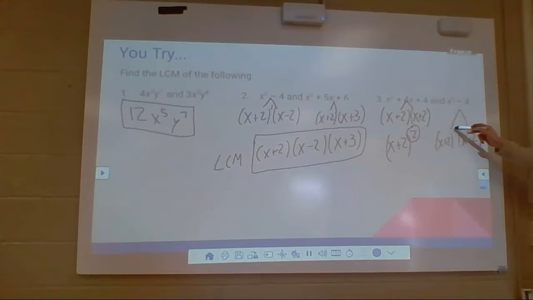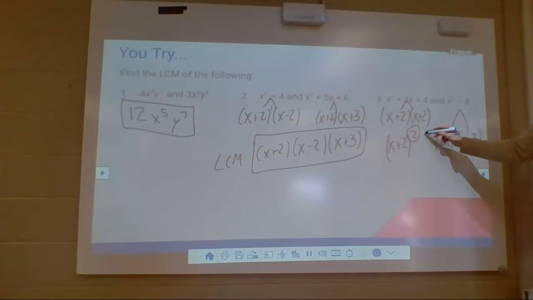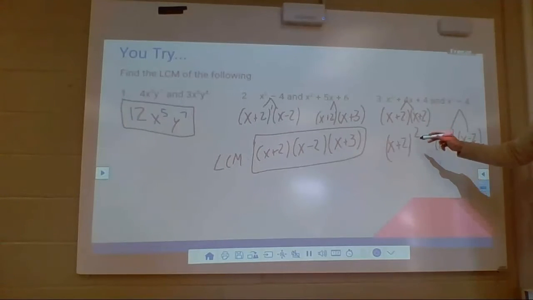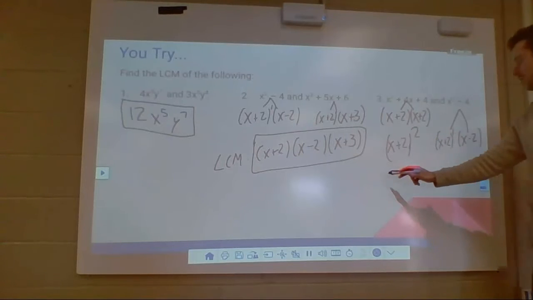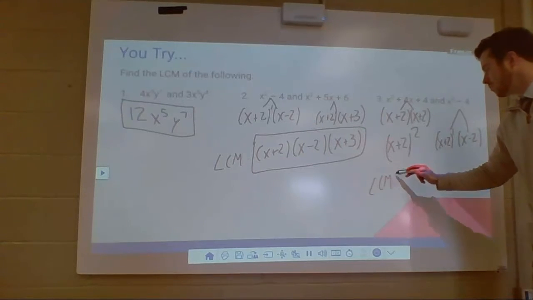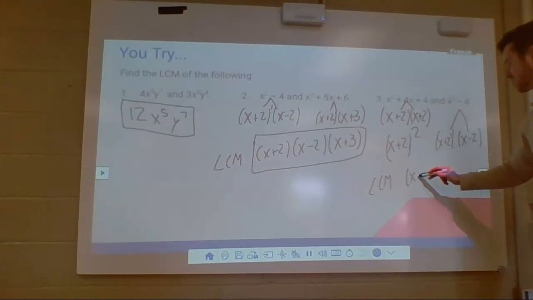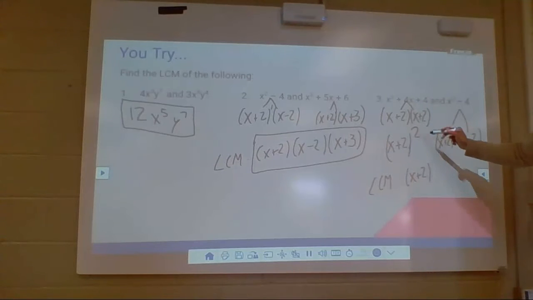That x plus 2 has a power of 2, and this x plus 2 has a power of 1. So we need to go with the highest exponent here, which was 2. So when we write our least common multiple, we're going to say x plus 2, not to the first power, but to the second power. We go with the highest power.